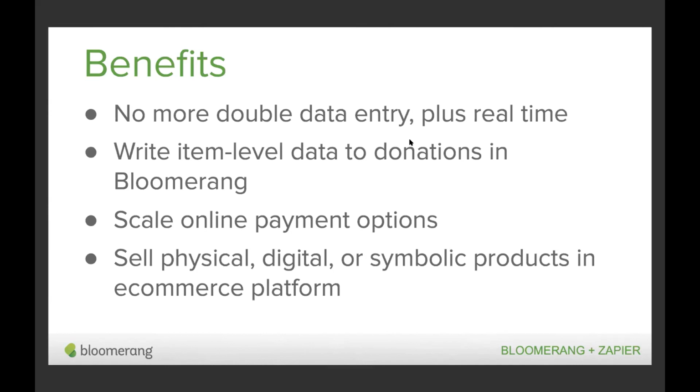You can scale your online payment options and even use PayPal to sell e-commerce products and diversify giving options. So it's an expansive workflow that allows you to expand your automation and have it work for your organization.